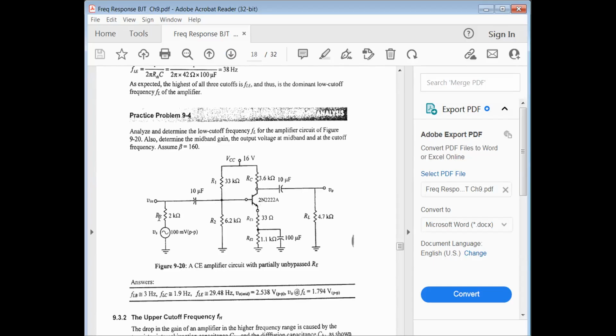Not quite true, but close enough. And that'll be your output voltage. At your cutoff frequency, then your output voltage would be 0.707 times the value that it was at midband. Because that's when it starts to roll off, your gain rolls off from a maximum value to 0.707 of that maximum value at your cutoff frequency.